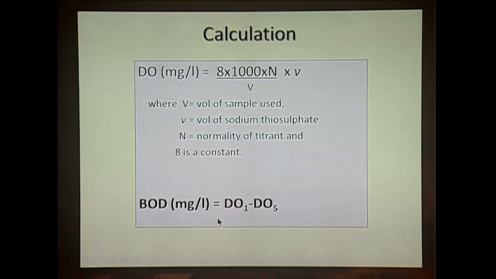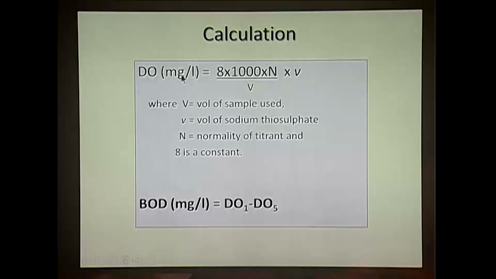During this 5-day period, another bottle is kept inside the incubator at 20 degrees Celsius in the dark, and after 5 days the dissolved oxygen is measured. So BOD in milligram per liter refers to DO1 minus DO5.